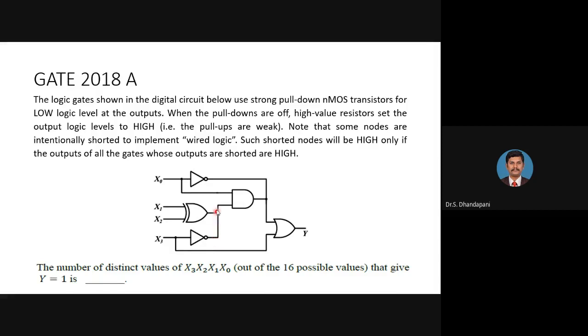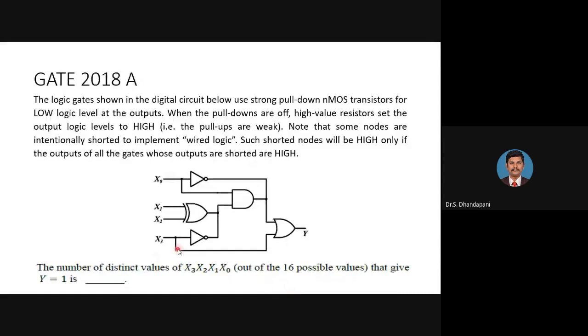Since it has wired logic where the outputs are directly shorted, we have to carefully examine to find the final answer Y. And after finding the equation of Y, the question is the number of distinct values of x3, x2, x1, x0, that is this 4-bit input combination.